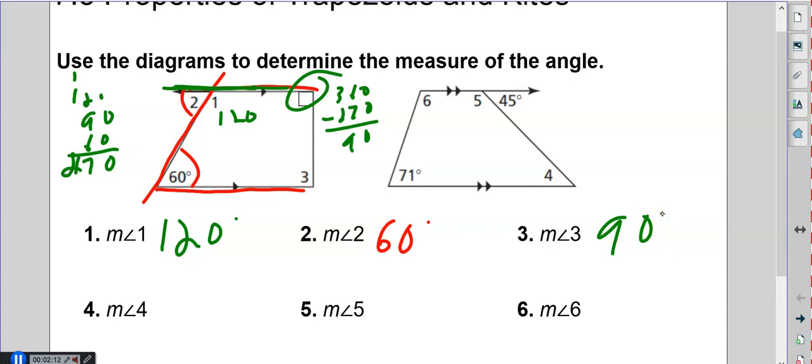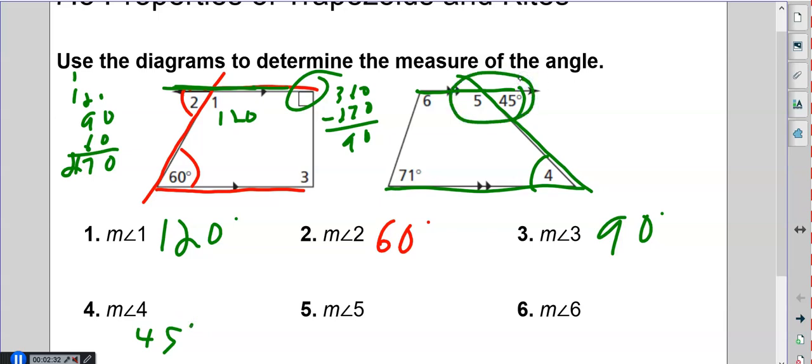All right? Angle 4. Well, again, we have parallel lines, and we have our good old transversal here. So right there, alternate interior angles, angle 4 is going to be also 45 degrees. Angle 5 is supplementary to that.